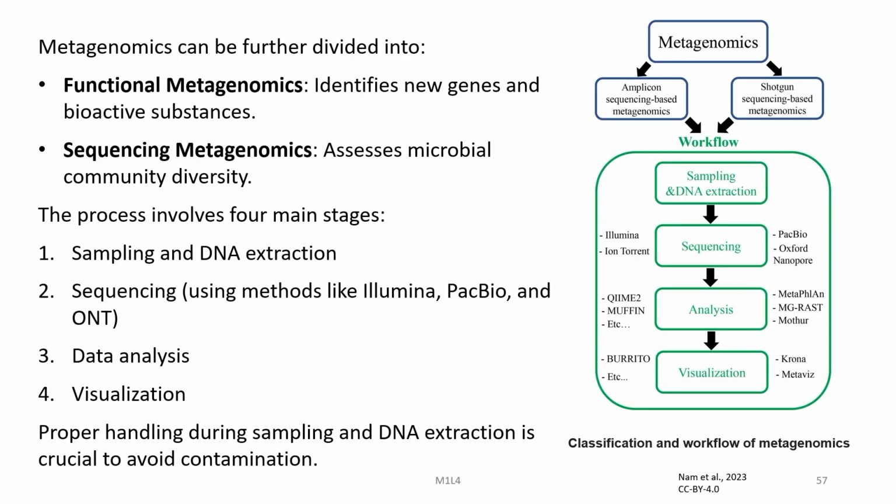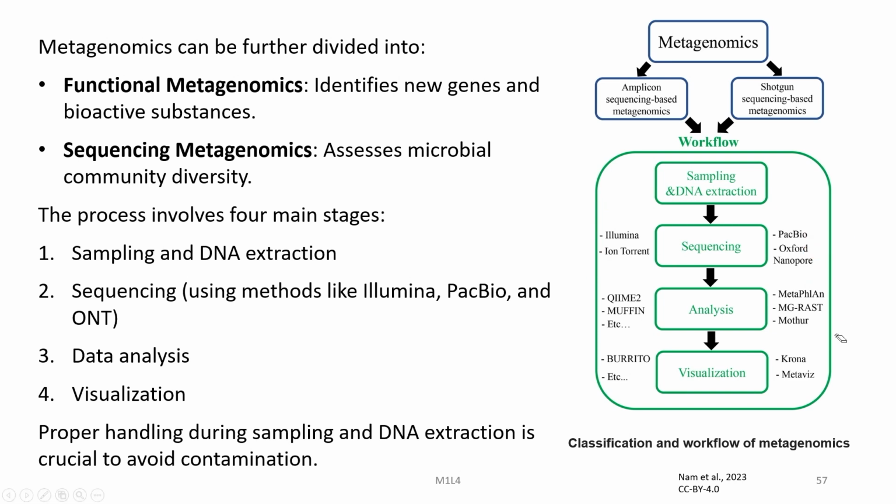This process involves 4 main stages. Number 1, sampling and DNA extraction in both the cases, whether it is amplicon or shotgun metagenomics. Then comes the sequencing, where we have different platforms available.